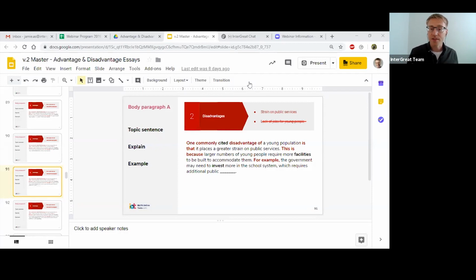These are good expressions to introduce your examples. And no, they won't Google. The examiners are not going to check whether your examples are true or not, okay? Exactly. So as long as it's plausible, as long as it sounds like it could be true, that is all you need to do.